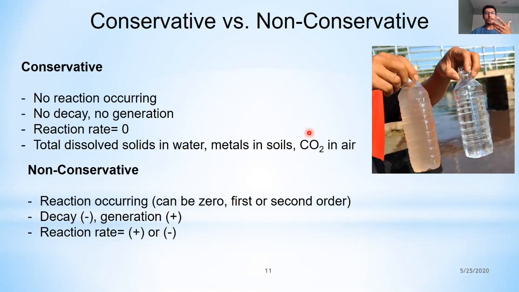For a non-conservative substance, there is a reaction, and the reaction can be zero, first, or second order. In this class, we are not going to talk about this in detail. Just know that if there is a decay, that means minus. If there is a generation, a production of something, then that's plus.